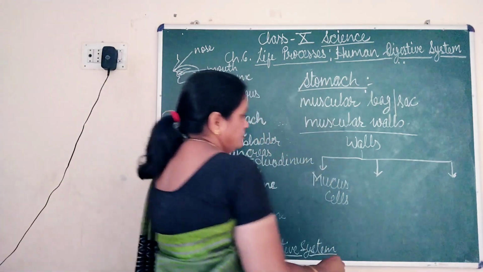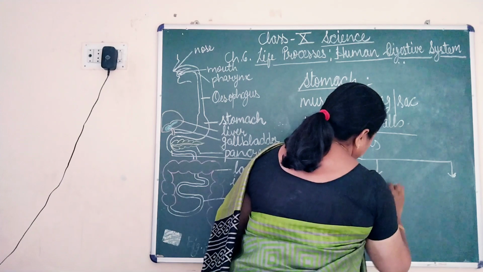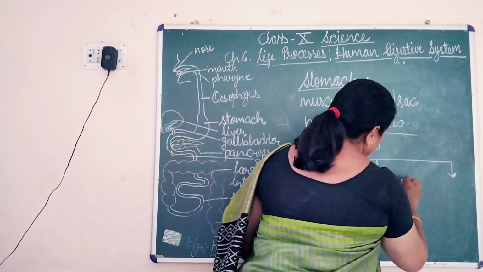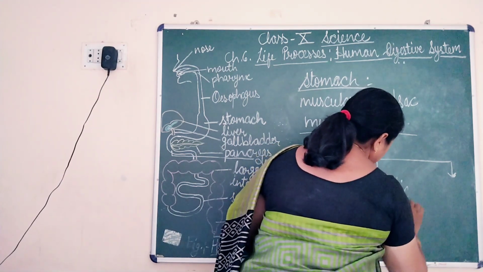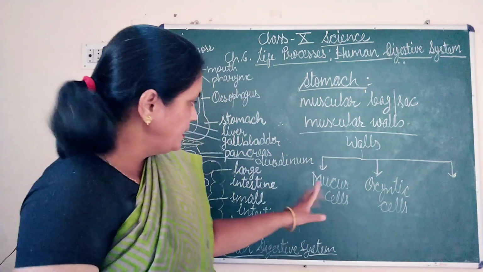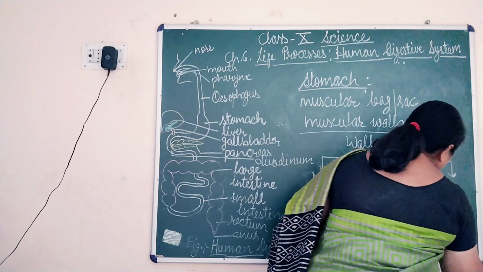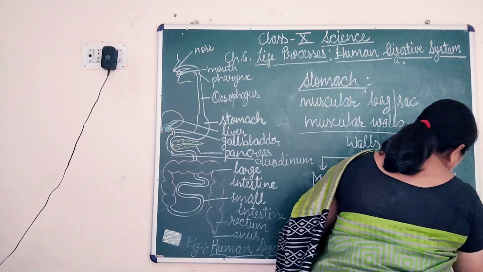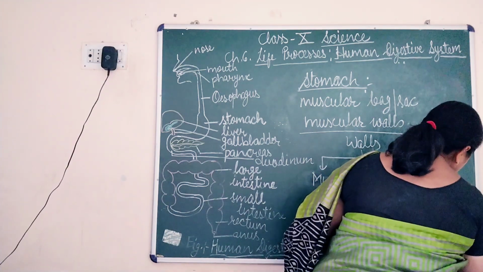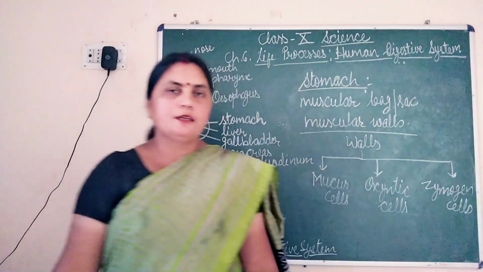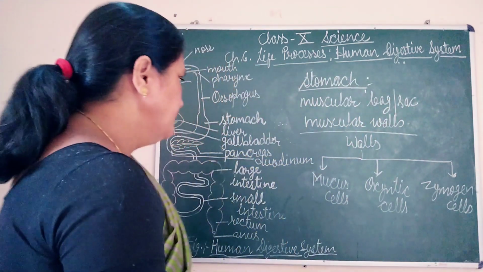Mucus cells, oxyntic cells, and zymogen cells. Three types of cells are present in the walls of stomach.